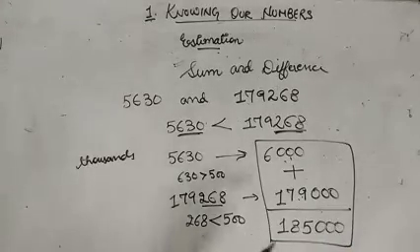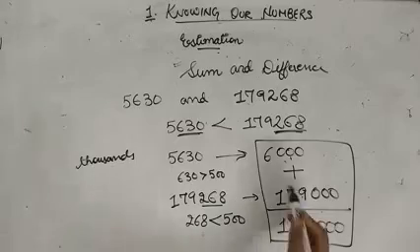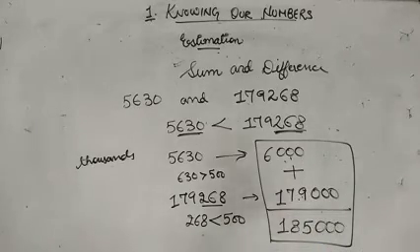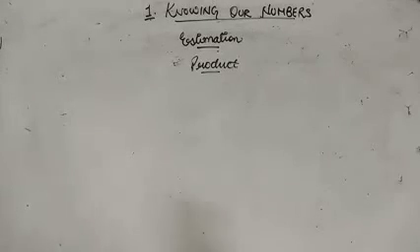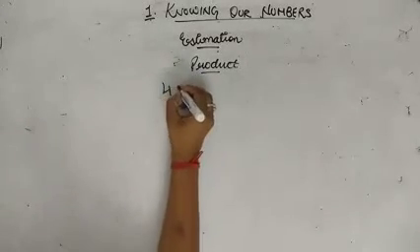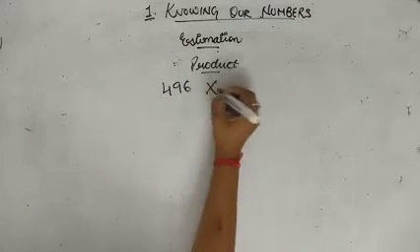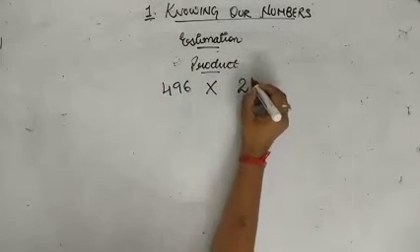Likewise, you can find the difference also. You just have to subtract. You will subtract the smaller number from the greater one. Other process is same. Next, you have to round off the product of two numbers. So let's say I am taking 496 into 24.